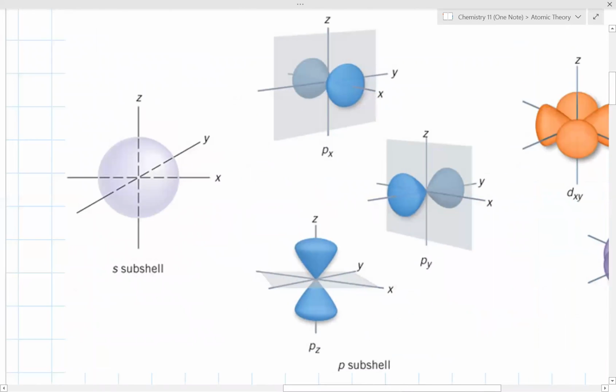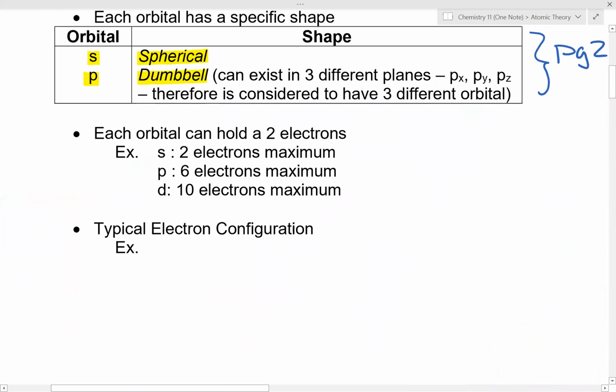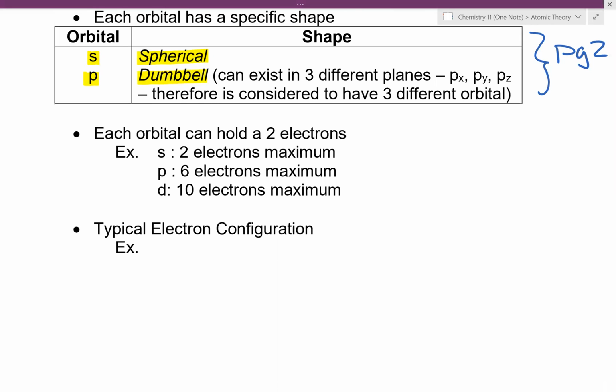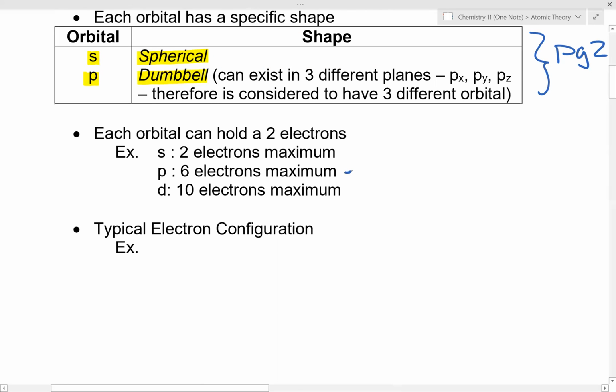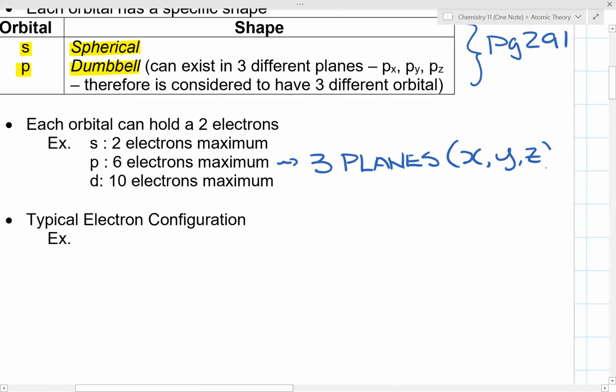Okay? Now, each orbital can hold 2 electrons. So the s can hold 2, p can hold 6. Why? Because you have 3 planes: the x, the y, and the z.